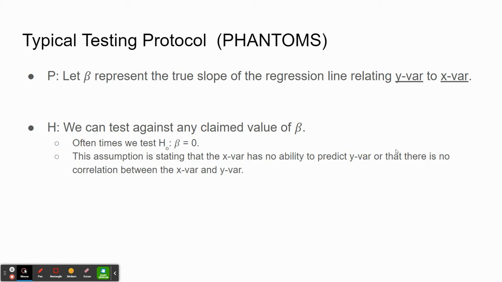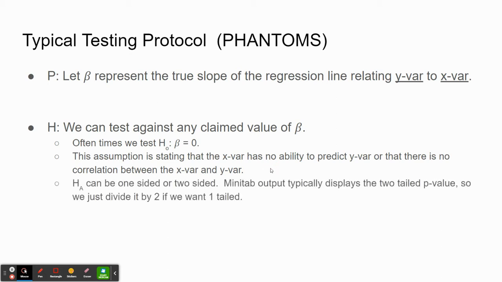So we're trying to see if x is affecting y. If x doesn't affect y, then essentially y just stays the y-intercept the entire time. The equation just becomes y equals a, the y-intercept, as opposed to y equals a plus bx. So we're trying to see if there's a correlation between the x variable and the y variable.